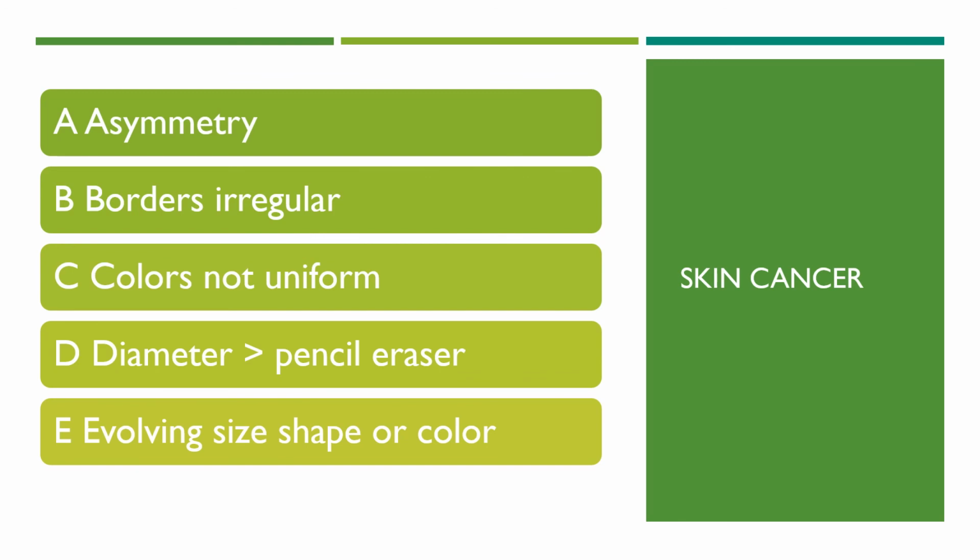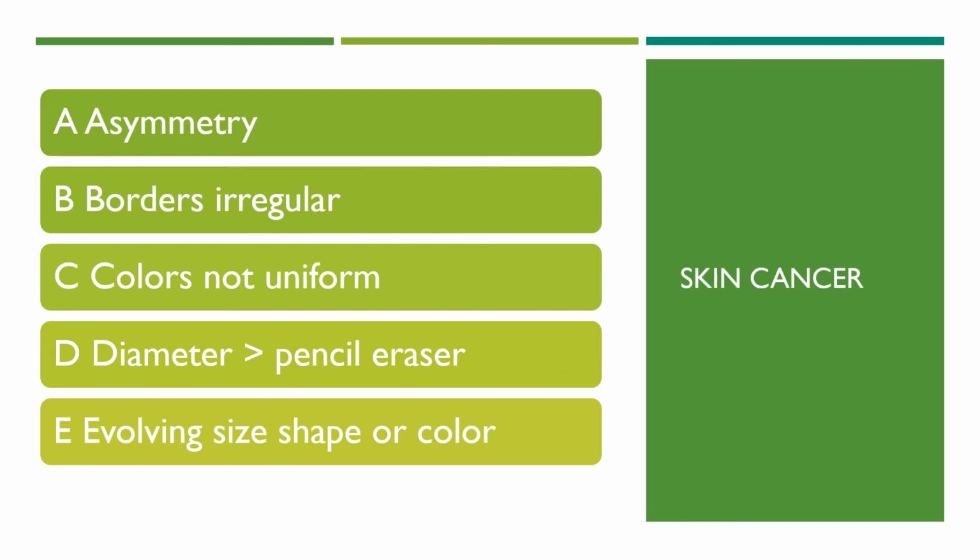The colors in it are not uniform. There might be pink areas, white areas, black areas, and it's not all one solid color like you see when you have a freckle. The diameter is greater than a pencil eraser. So bigger than the head of a pencil eraser is a clue that it could be cancerous.